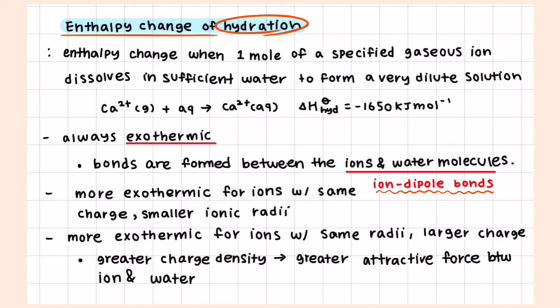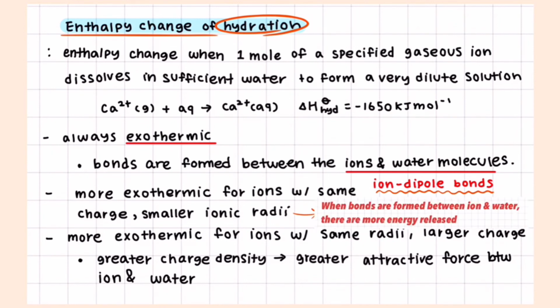The enthalpy change of hydration is more exothermic for ions with the same charge but smaller ionic radii. Smaller ionic radii means that the ion has a higher charge density. Having higher charge density means there is a greater attractive force between ion and water.